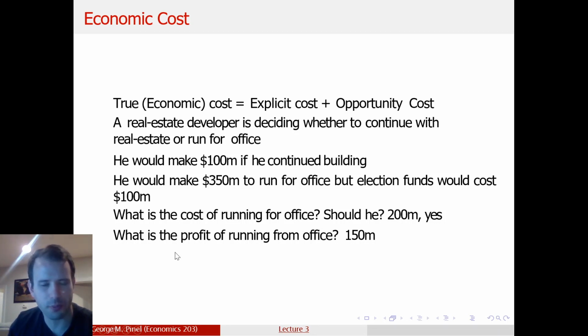What is the profit from running for office? Well, it's the utility you get from running for office, $350 million, minus your true cost, which is $200 million. So 350 minus 200 is 150. So your economic profit is $150 million.